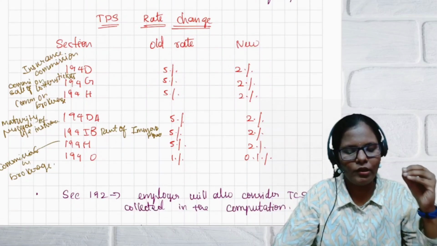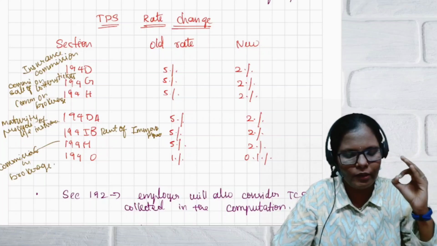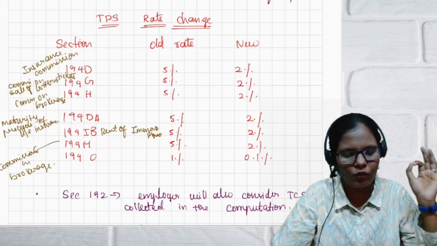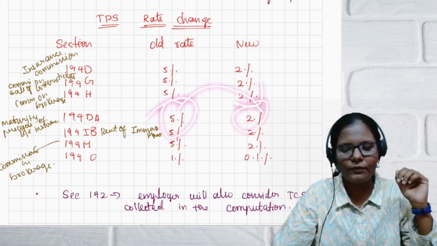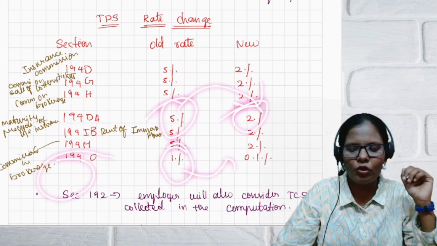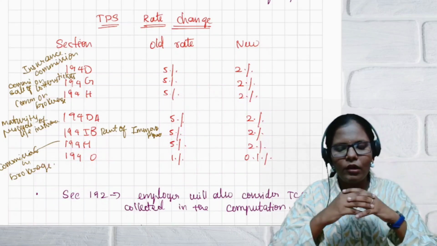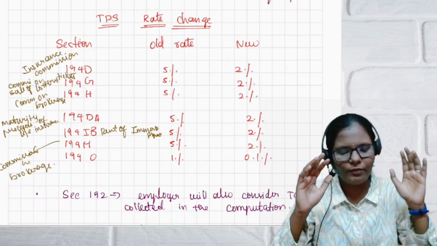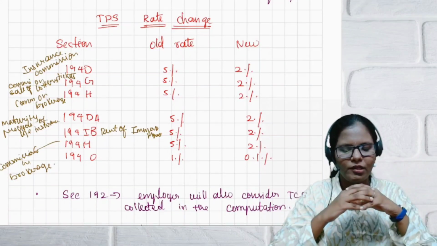And 194DA maturity proceeds of life insurance, 194IB renting of immovable property, 194H commission or brokerage, 5% has been revised to 2%, and for 194O, 1% has been revised to 0.1%. So overall 5% tax rate has been reduced to 2%. So these are the changes in the TDS chapter.